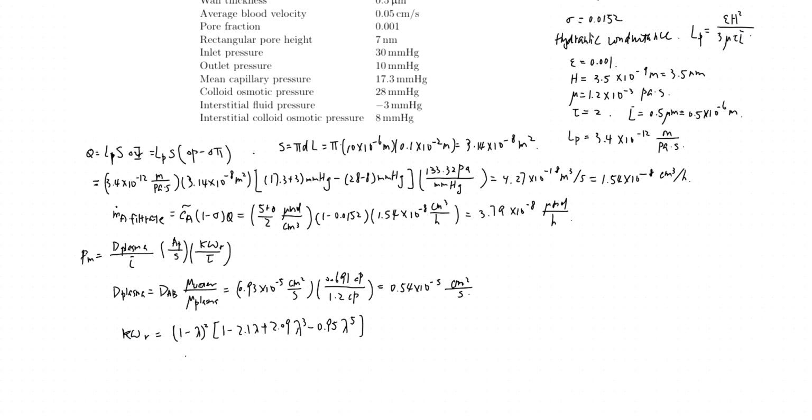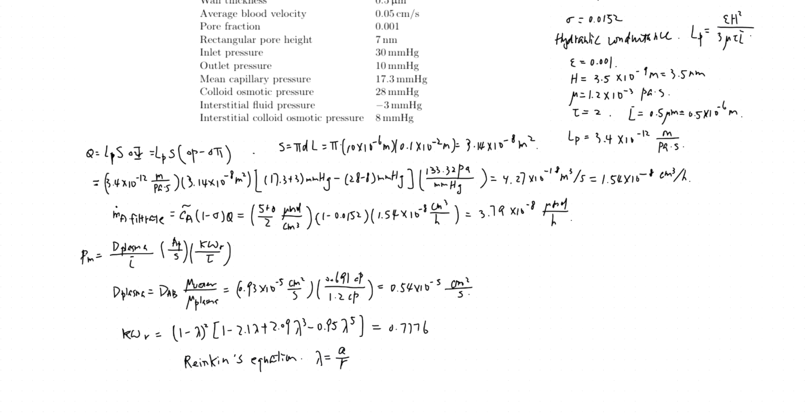If you forget, you can check the Renkin equation. Lambda is the same thing, A divided by R. So if you use this A divided by R, you get K omega R is 0.7776.